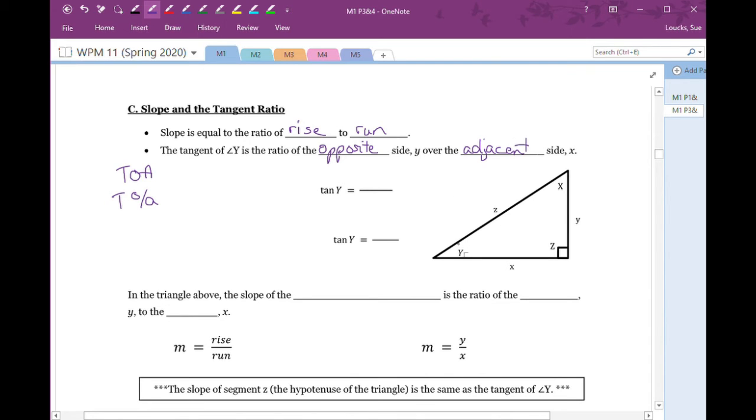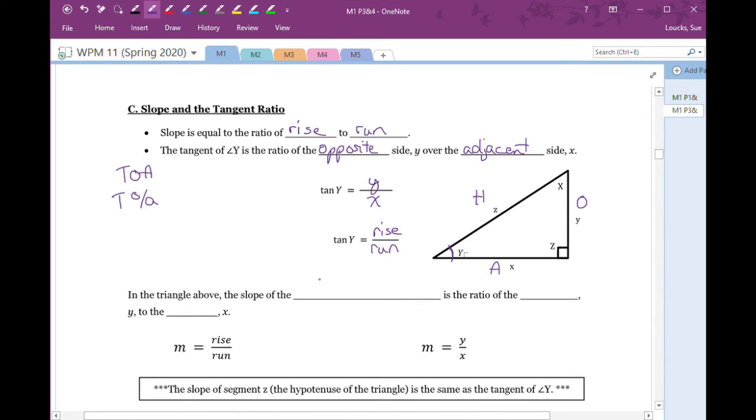If we look at our diagram here where we have angle y, this is our hypotenuse, here's our opposite, here's our adjacent. So our opposite is y, lowercase y, and our adjacent is lowercase x. That is exactly the same as the tangent of y being the rise over the run.